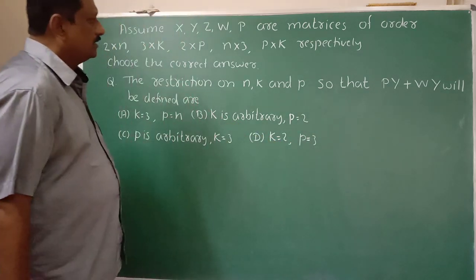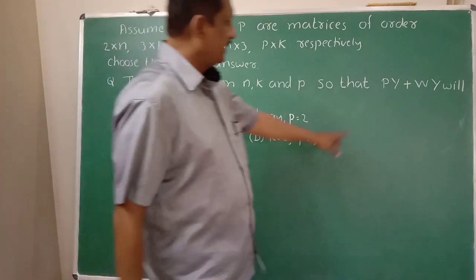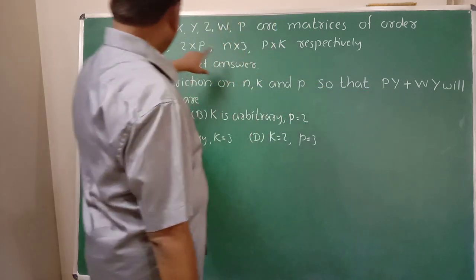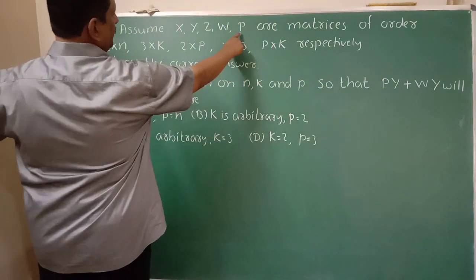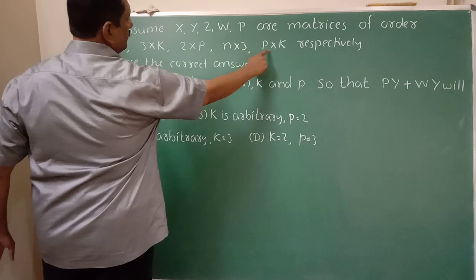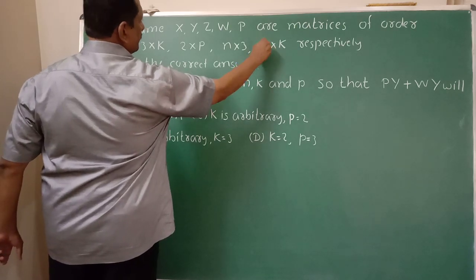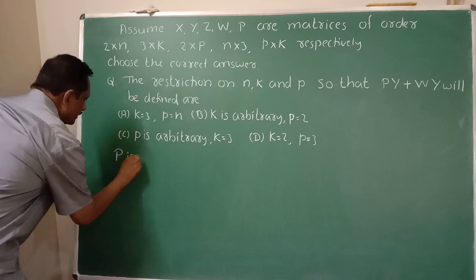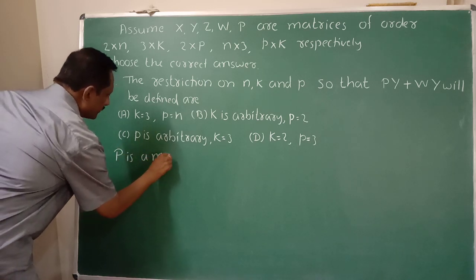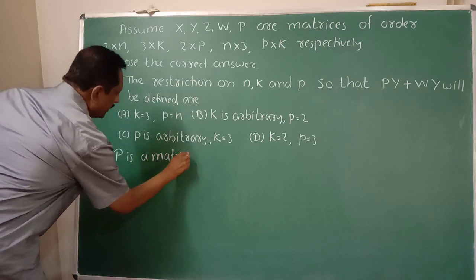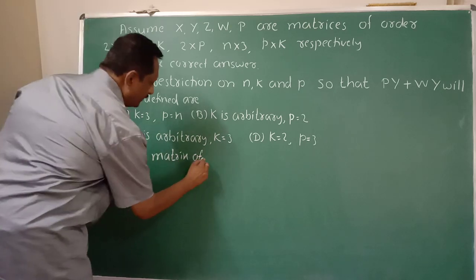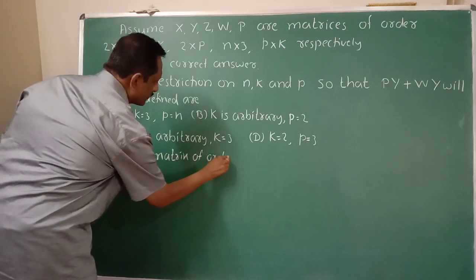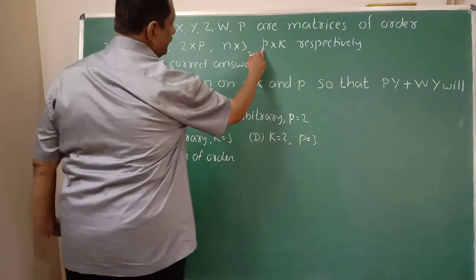So here first take P and Y. Here you know that P is a matrix of order p into k, already given here.